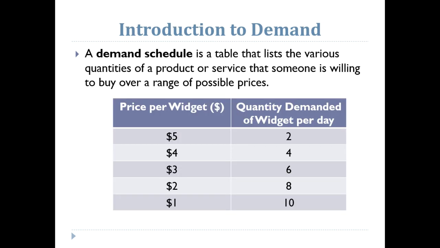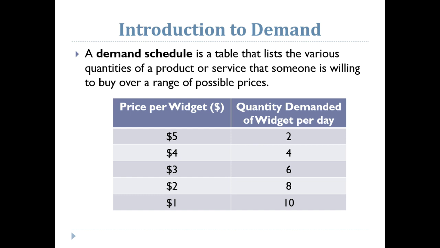In this slide, you can see a demand schedule. A demand schedule is a tabular way of representing price and corresponding demand, at each price. In this table, you can see price as well as quantity demanded. When the price is $5, a person demanded 2 units of a product. When the price reduced to 4, the person increased the demand to 4.